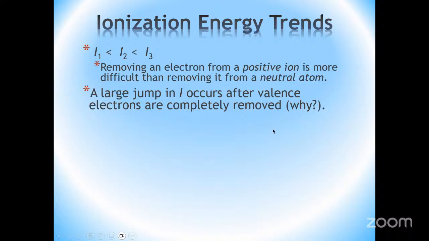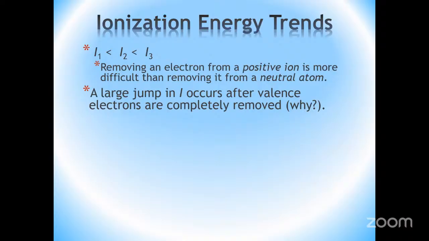Now, here's a question being asked. It says here that there's a large jump or a large increase in the ionization energy after the valence electrons are removed. So basically, what they're saying is, a certain amount of energy is required to remove the electrons from the valence shell.